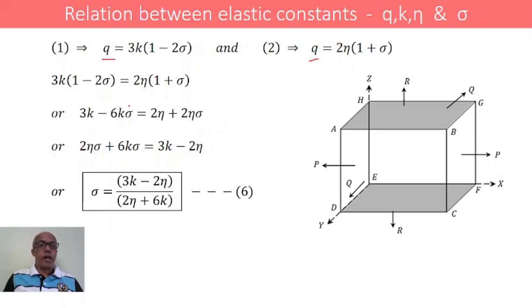Rewriting, I bring this term to the RHS and this to the LHS. We get 2 eta sigma plus 6K sigma equal to 3K minus 2 eta. Taking sigma common, sigma becomes equal to 3K minus 2 eta whole divided by 2 eta plus 6K. This is the expression for the Poisson's ratio.